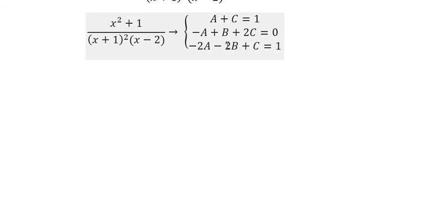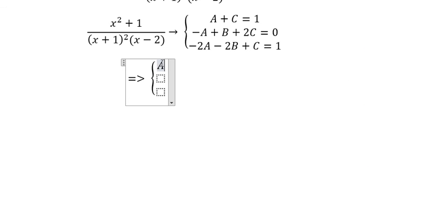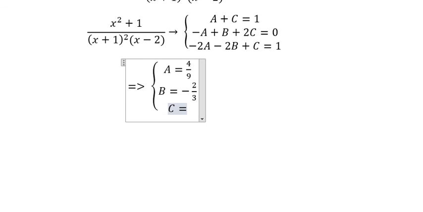We solve this, and we got 4 over 9, minus 2 over 3, and 5 over 9.